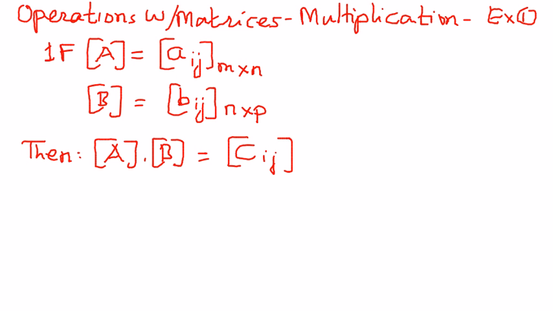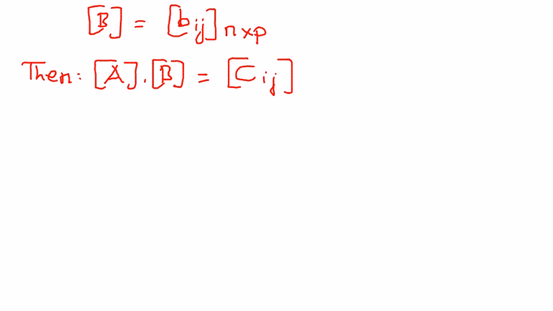One easy way to see whether matrix multiplication is possible or not possible is by looking at the size of the matrix. What do I mean by that? Let me explain that.